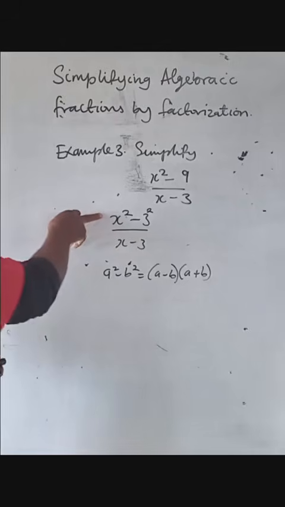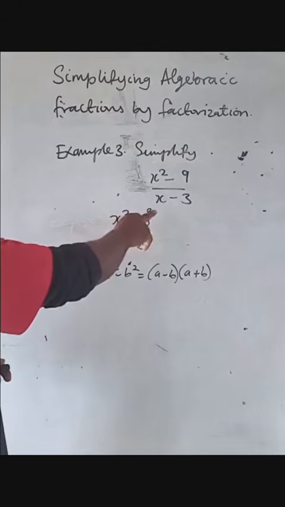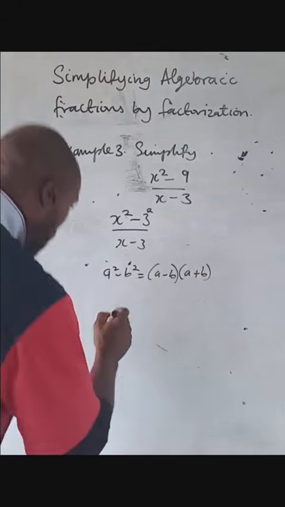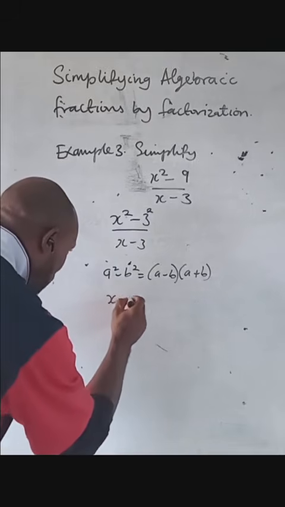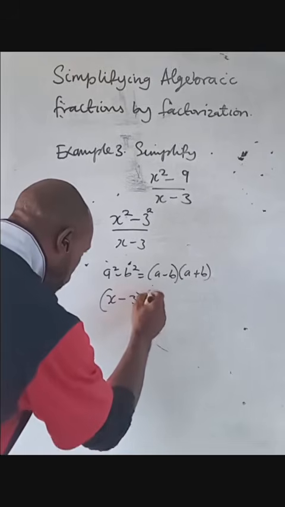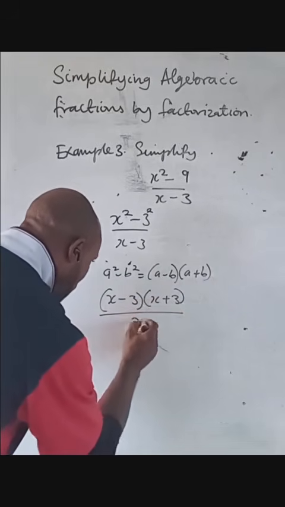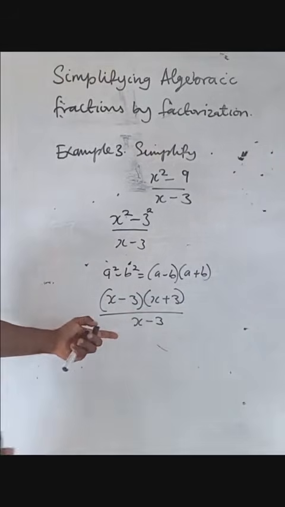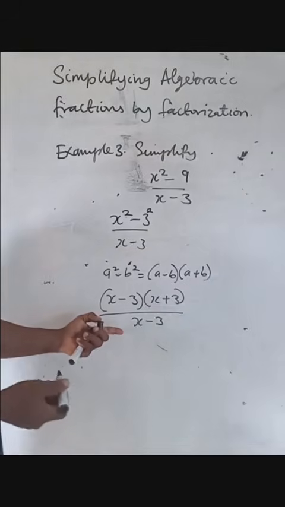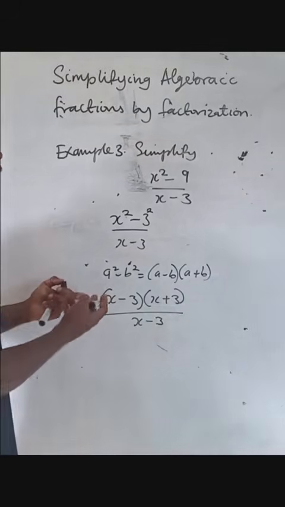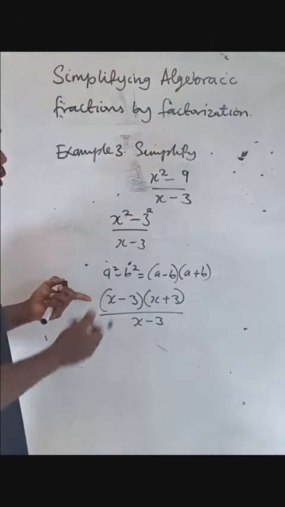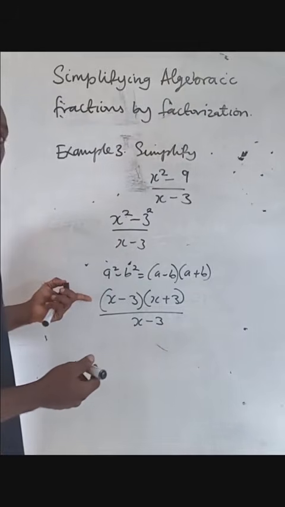Therefore, the difference of two squares here, x squared minus 3 squared, can be expressed as x minus 3, x plus 3, all over x minus 3. So we have successfully factorized the numerator of the original algebraic expression.